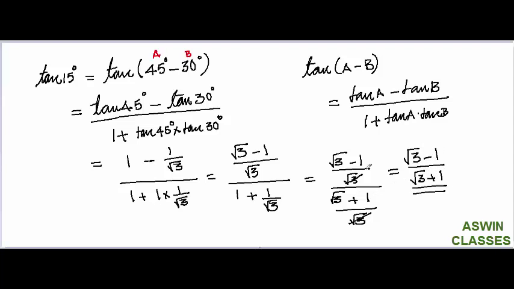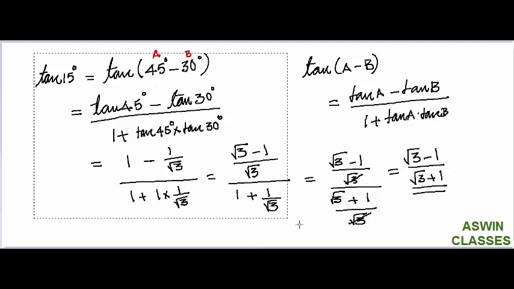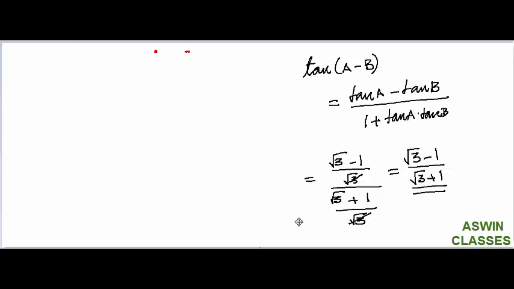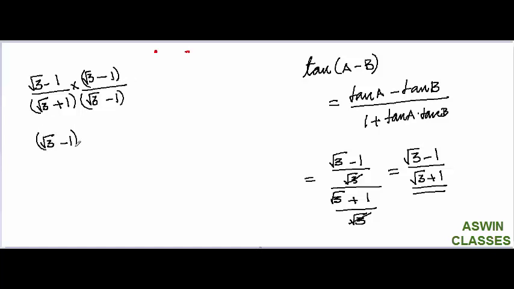You can further simplify this by rationalizing the denominator. This can be written as (root 3 minus 1) by (root 3 plus 1). Taking the conjugate, you will get (root 3 minus 1) into (root 3 minus 1). So the numerator will become (root 3 minus 1) square, divided by the denominator, (root 3) square minus 1 square.